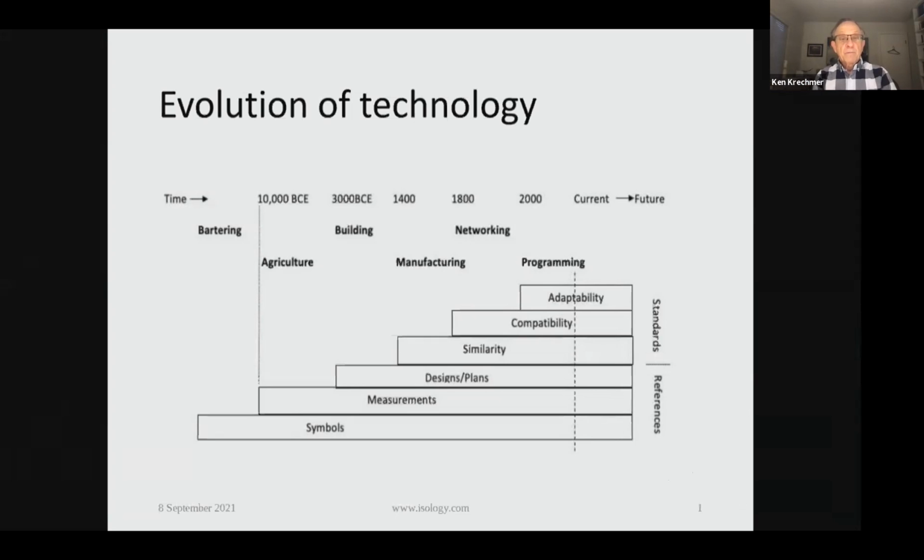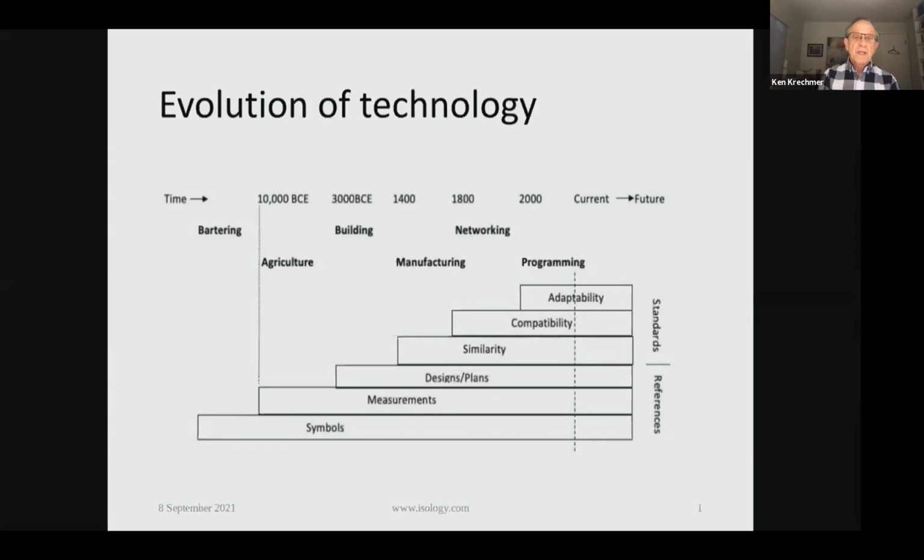So let's say 10,000 years BCE, this concept of symbols has emerged. And we can see that in cave art, where we see symbols of animals that are hunted. We even see symbols of people's hands. Probably the first picture: I am here, this is my hand.